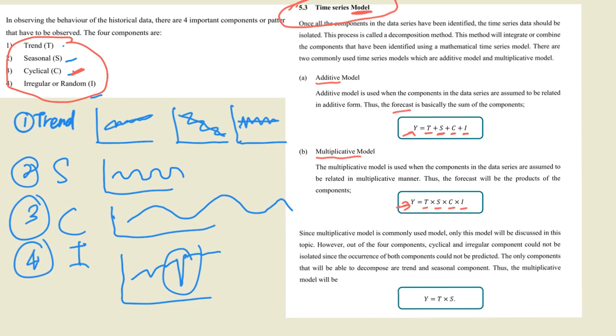And even for the irregular component, we can't really predict when we are going to have war or when we are going to have a pandemic. So that's why the model that we are going to use in this chapter is only, in order for you to forecast Y, you need to multiply T and S, trend and seasonal variation.